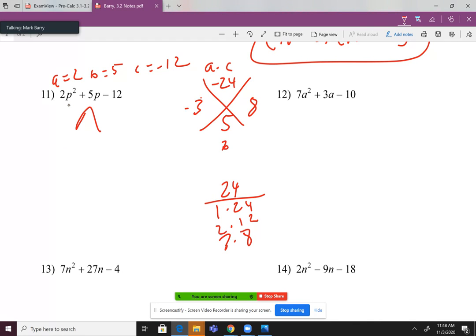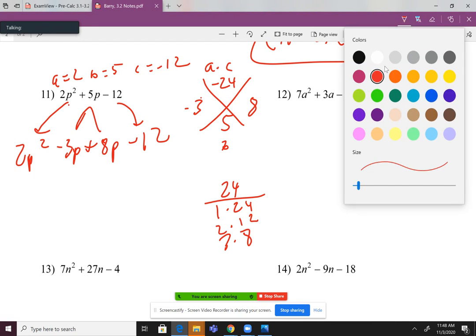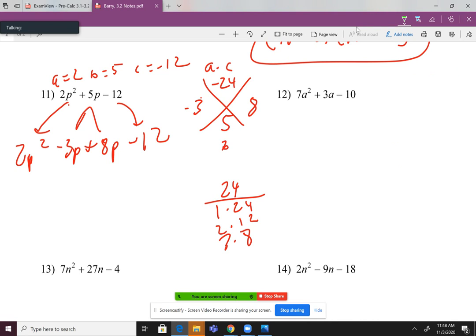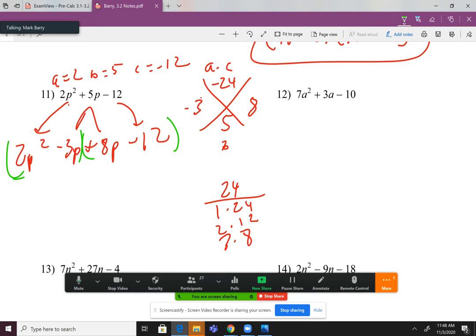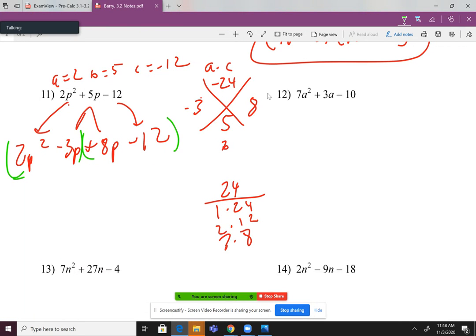All right, so that's how I'm going to split up this middle term, negative 3p plus 8p. We're going to keep the last and the first terms as is. And now we do the grouping. All right, so what can we take out of the first group? Just a p. 2 and 3 don't divide by anything.